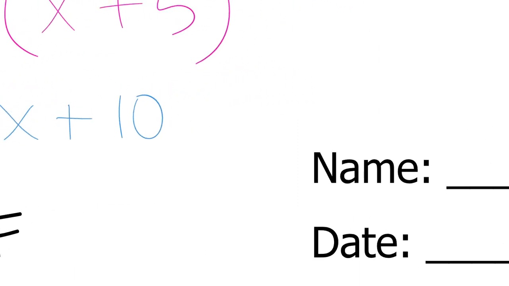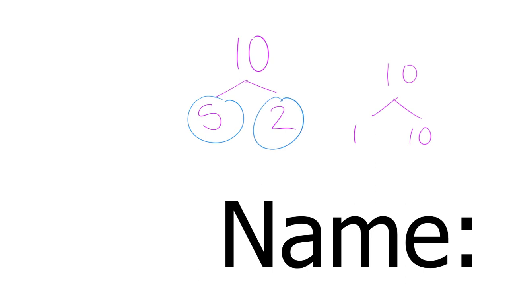Now, we know what factoring means with regular numbers. So, for example, if I asked you to take the number 10 and factor it, you would say, okay, 10 is the same thing as 5 times 2, or 10 is the same thing as 1 times 10. That means these numbers are factors of 10 because they both multiply to get to 10, right?